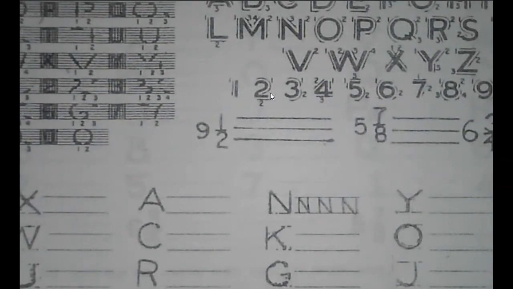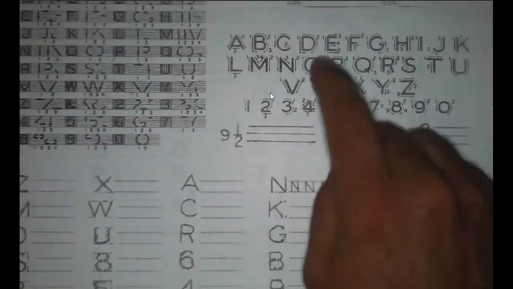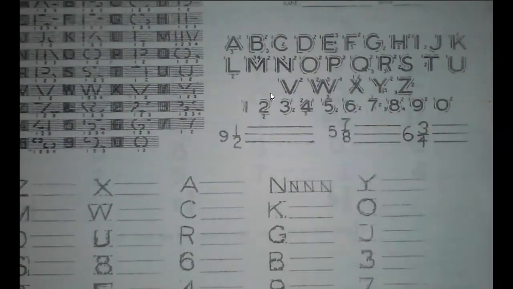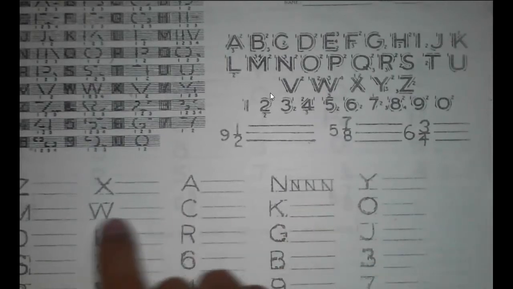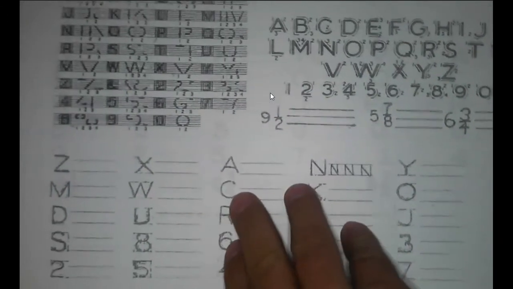Okay? I'm going to go through and do a couple more, and basically all I'm doing is using the examples up here as far as the stroke patterns that I need to take. I'm going to follow those, and I'm going to try to recreate them down here in the spaces provided for these letters here and on the back.